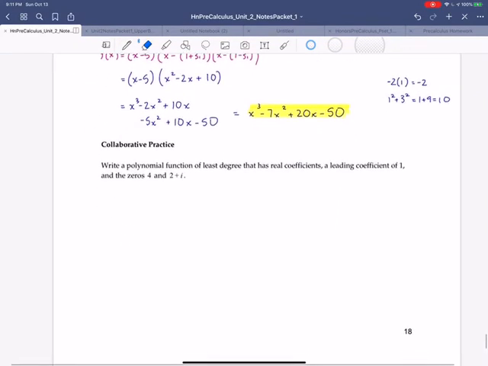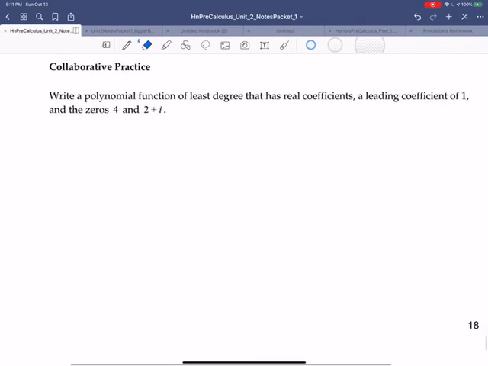So let's do this again here. We want to write a polynomial function of least degree that has real coefficients, a leading coefficient of 1, and the zeros 4 and 2 plus i. Well, by the complex conjugate pair theorem, 2 minus i is also a root.